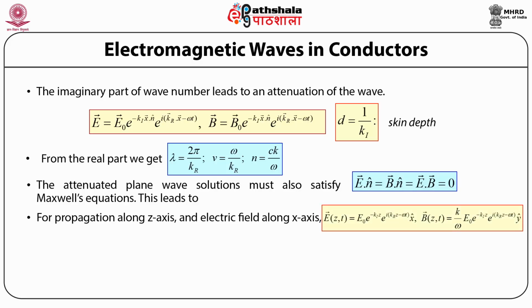So E(z,t) equals E naught e raised to power minus k imaginary z, e raised to power i (k real z minus omega t), into x cap.